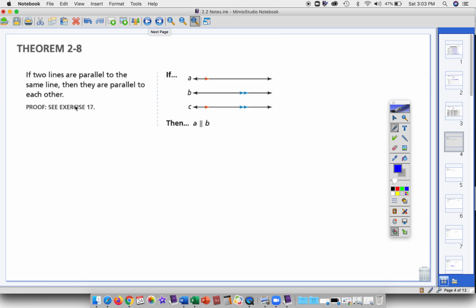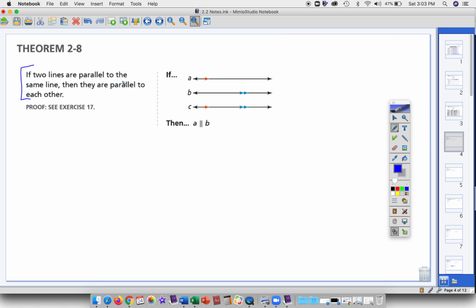Our next theorem, Theorem 2.8, and do not worry about memorizing theorem numbers. That's not something I'm ever going to ask you. To be honest, those numbers only apply to this text. If you open up another geometry book, chances are the number will not be the same. So the important thing is what the theorem actually says.